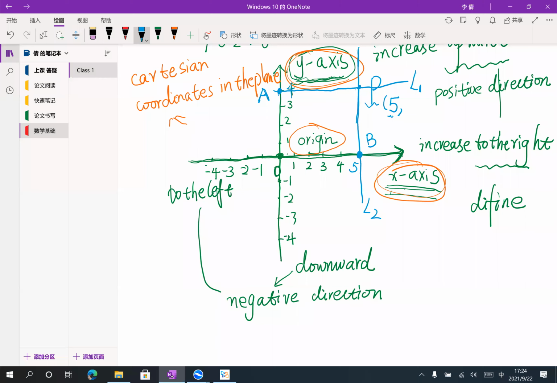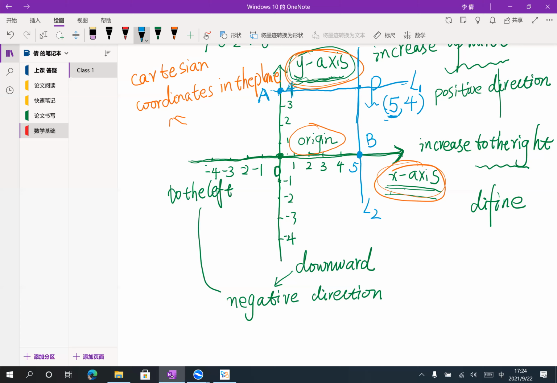So the first number in this parenthesis will be 5. And if we draw a horizontal line through the point P, its intersection on the y-axis is 4. So the second number in the parenthesis is 4.